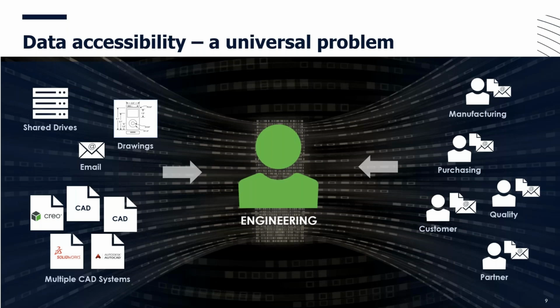You see it on the right side, all the departments, and all these questions from the other departments to this engineer stop him focusing on his main job, and that's designing new products. Product development is the main job of an engineer, and this will help the company the most when you do engineering.